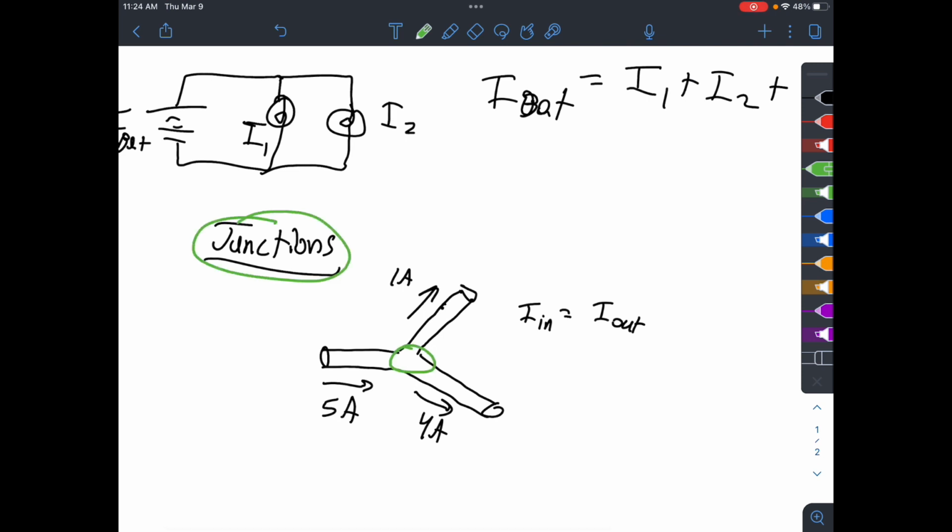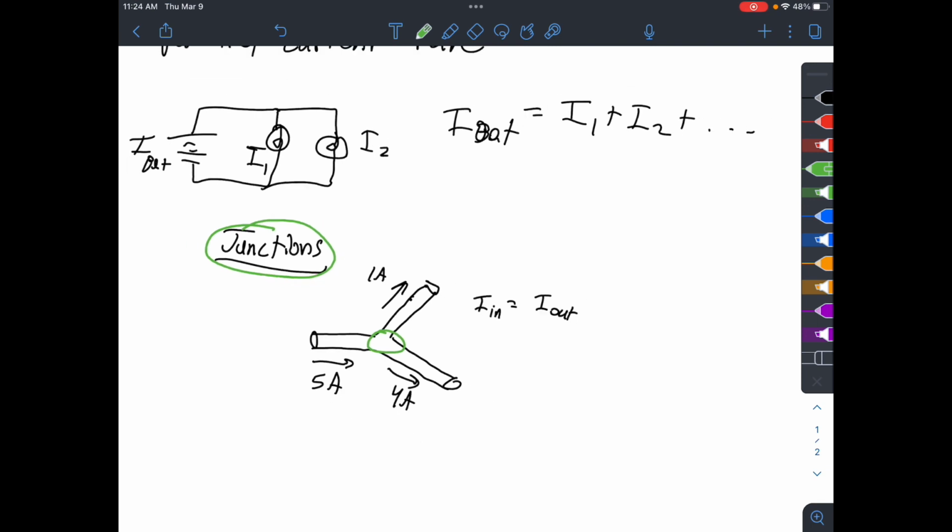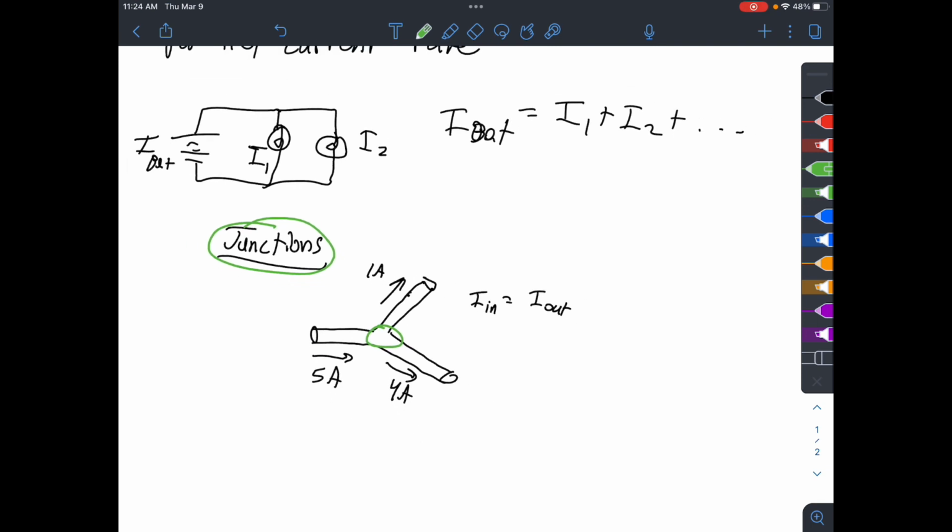This being the junction here, the junction point. I could also flip the directions of these, or we could just do this again with some different numbers. I could have 2 amps coming in here, and then 6 amps coming in from the other side, and then coming out would be 8 amps to the left.